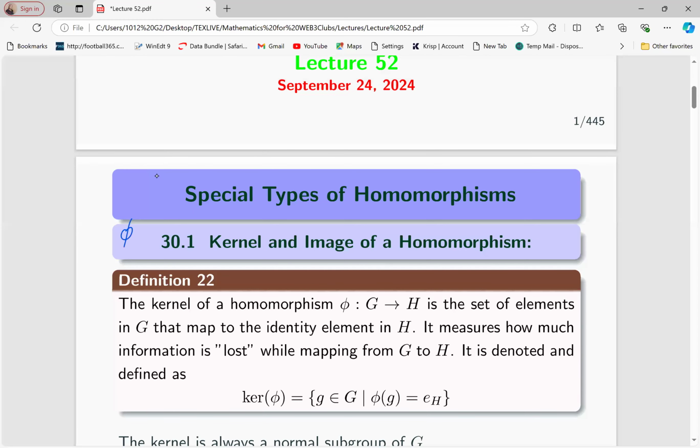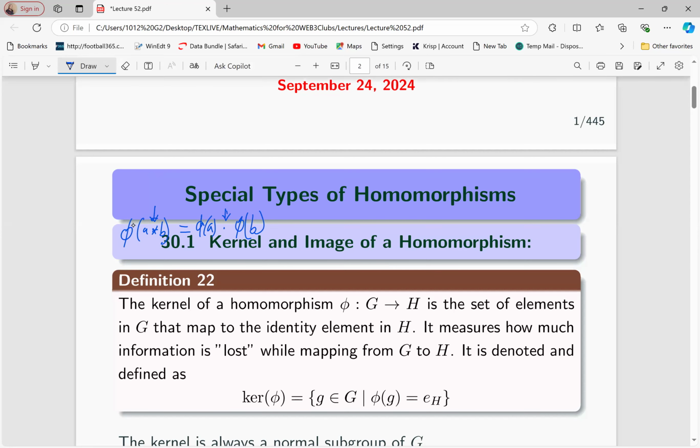This star would mean either addition or multiplication, and again this would mean either addition or multiplication. So if it's multiplication here then it is multiplication here; if it's addition here, again it will be addition here. So a homomorphism would preserve the operation of the groups.